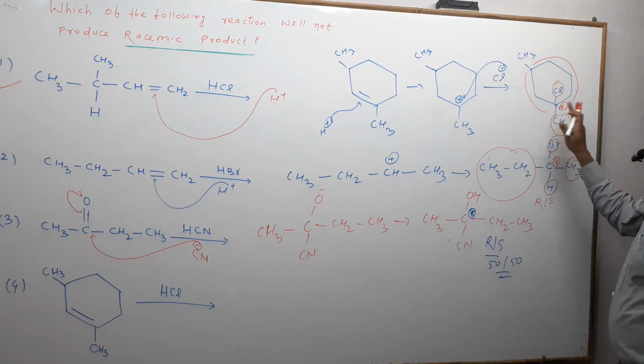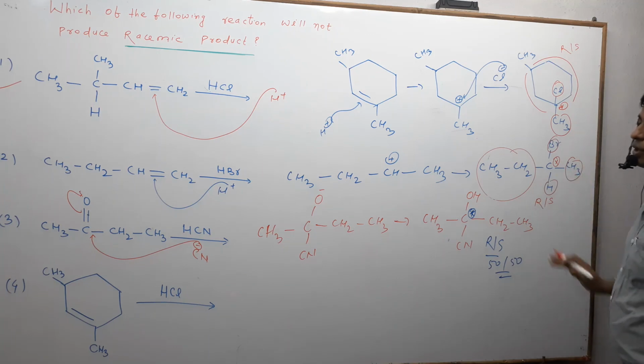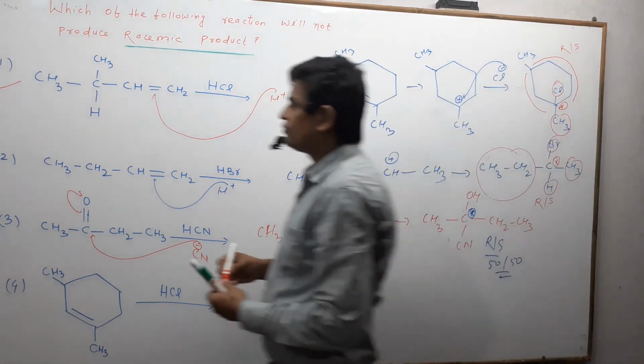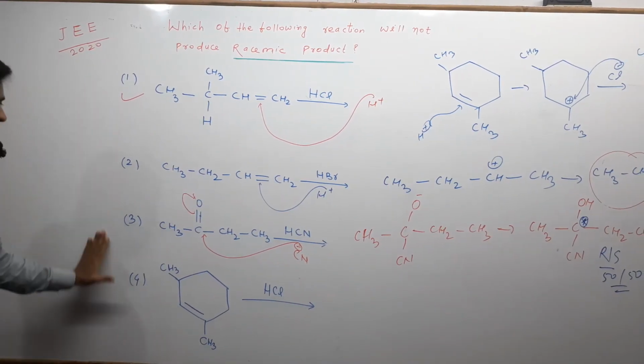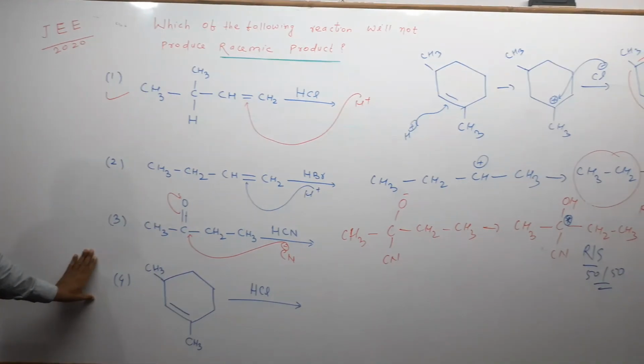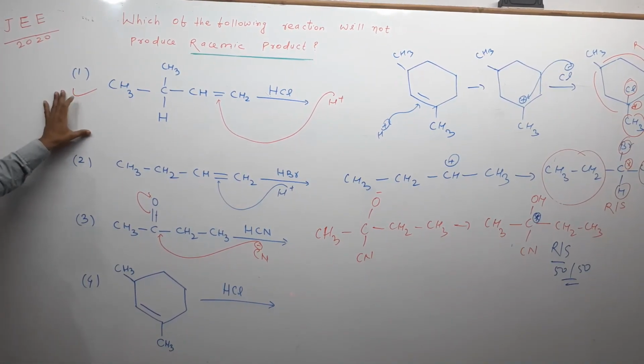So this also forms R and S, so it also forms a racemic product. So the rest of the ones all have R and S configuration and all form racemic product. That means our answer will be 1.